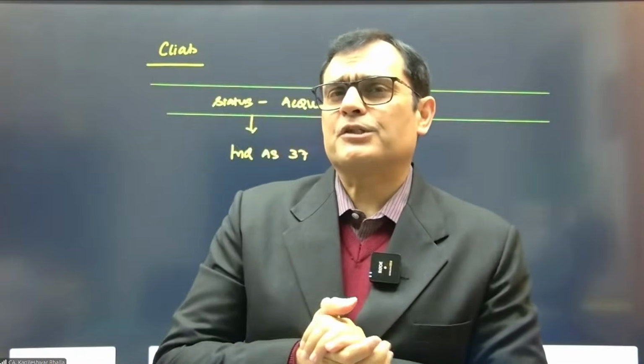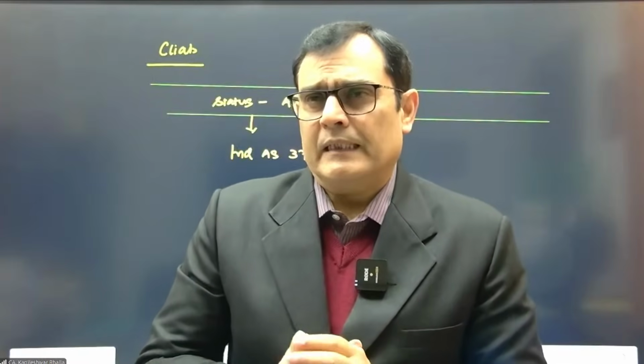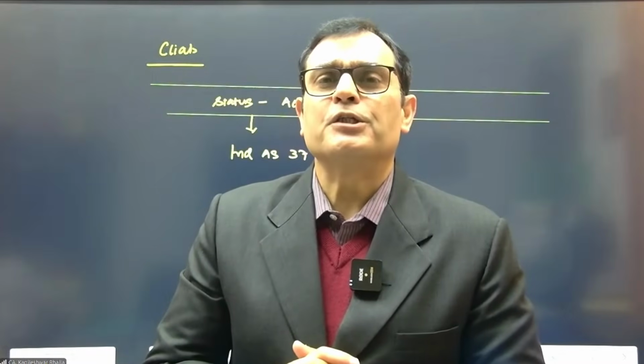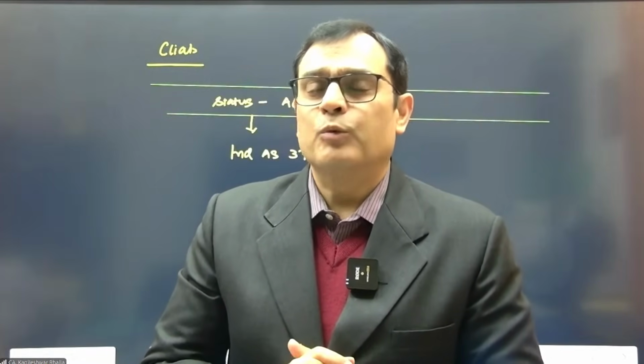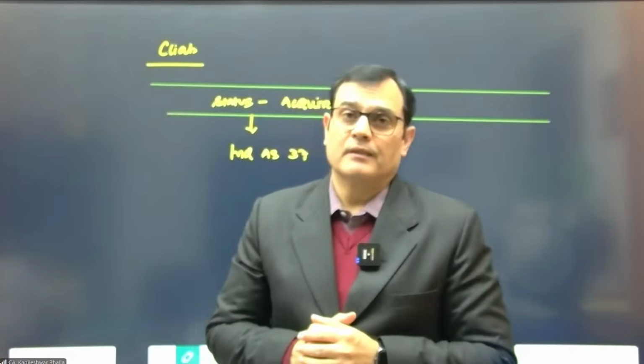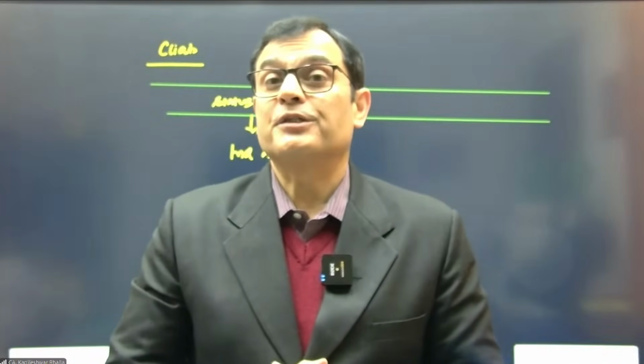Let me first ask you a simple question. If somebody asks how many types of contingent liabilities there are, would you like to give me a number? If somebody asks, as per Ind AS 37, how many combinations are there which could lead to a contingent liability?